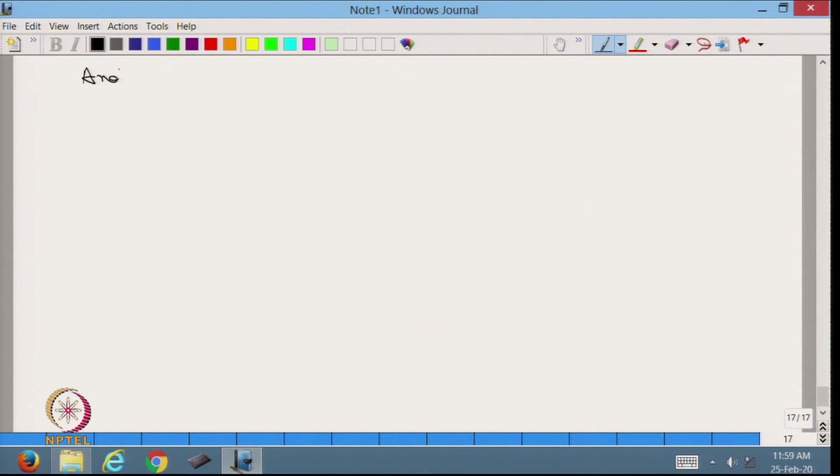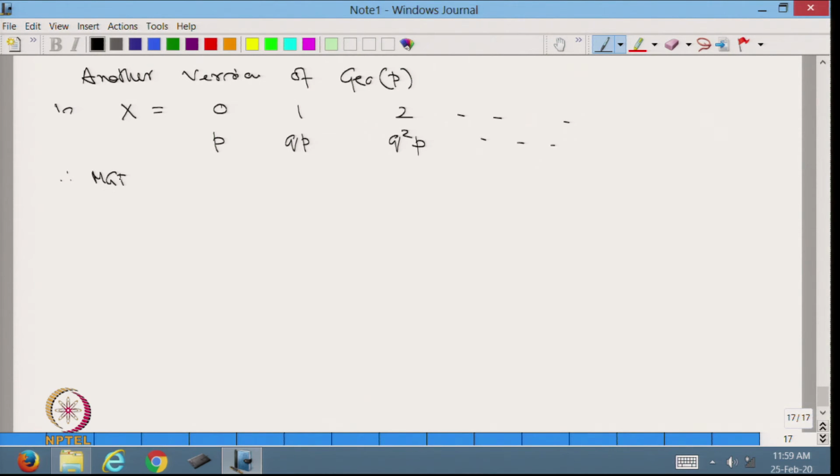However, another version of geometric with p is where x takes the values 0, 1, 2, etc. with probabilities p, q p, q square p, etc. Therefore, the MGF of x at t is going to be sigma x equal to 0 to infinity of p q to the power x into e to the power t x, which, as you can understand, is going to be p upon 1 minus q e to the power t.